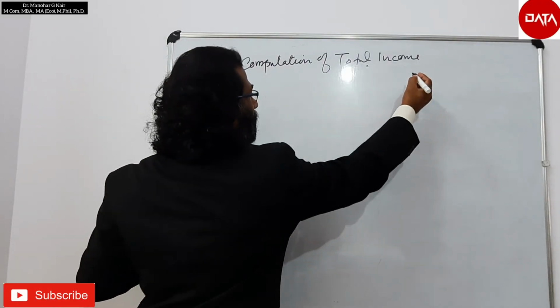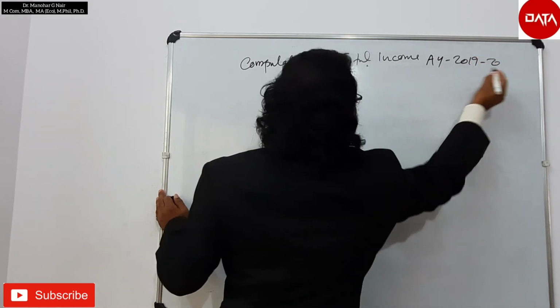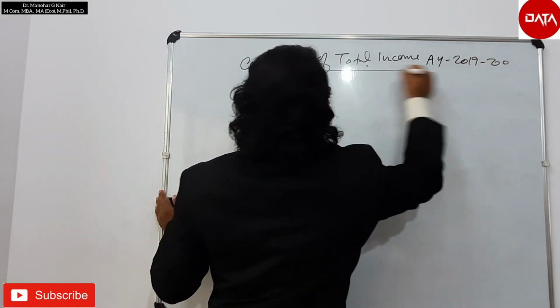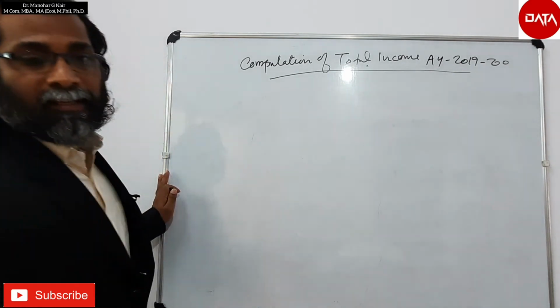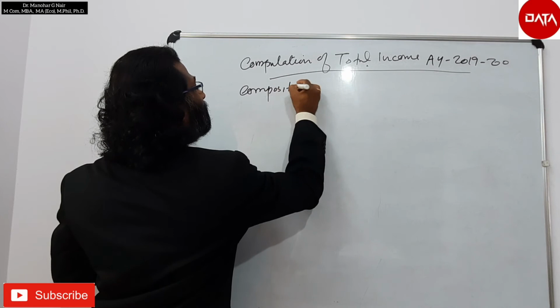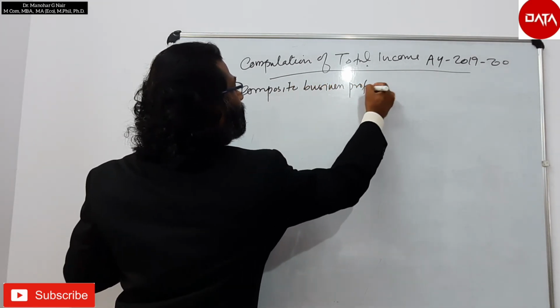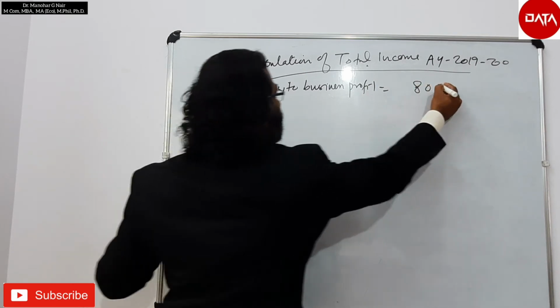Computation of total income for the assessment year 2019-20. The composite business profit is 80 lakhs rupees.